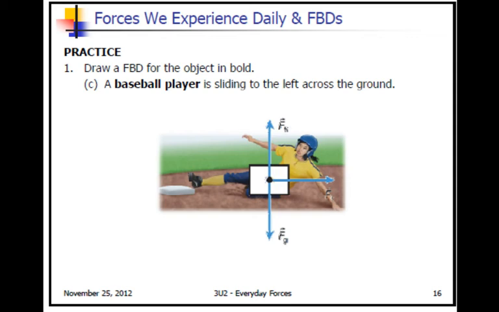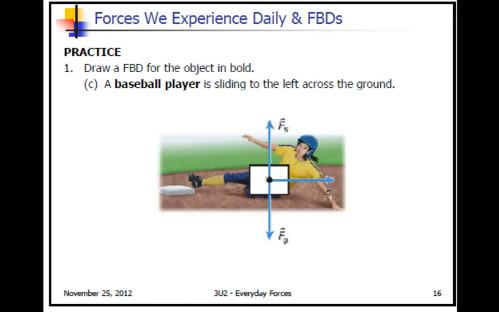Here's another one. This one's interesting. So we have a baseball player sliding to the left across the ground. So this baseball player is trying to slide into a base. And you might think that that's an applied force. They're sliding. But as soon as the baseball player gets into a slide, there is no more force that is pushing them forward with the slide.